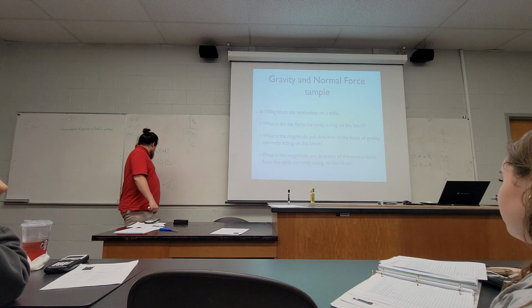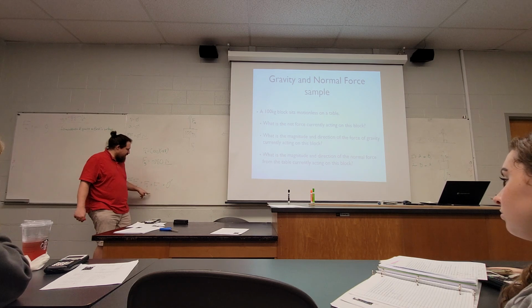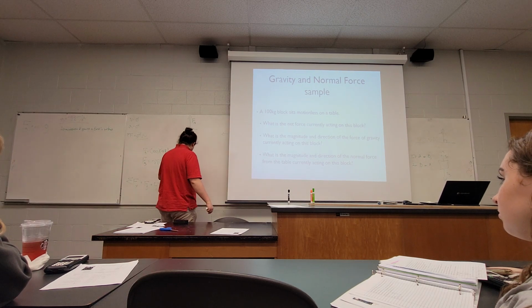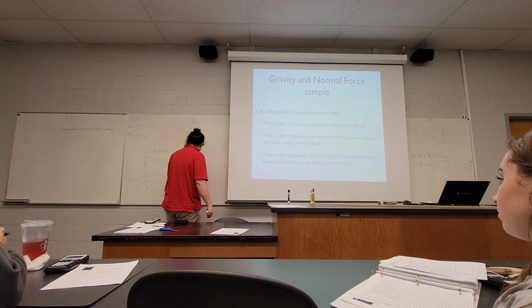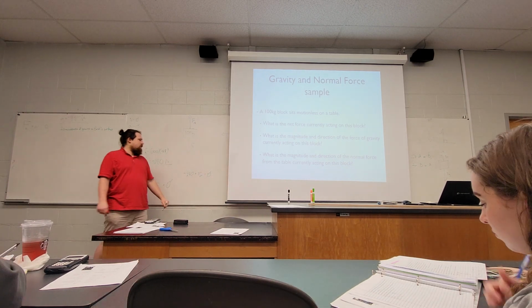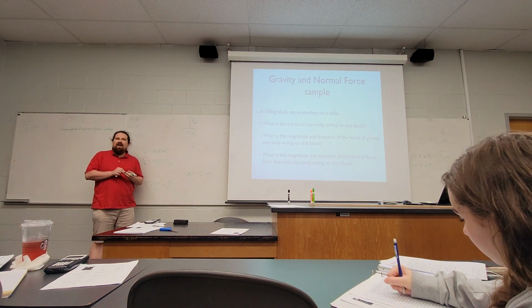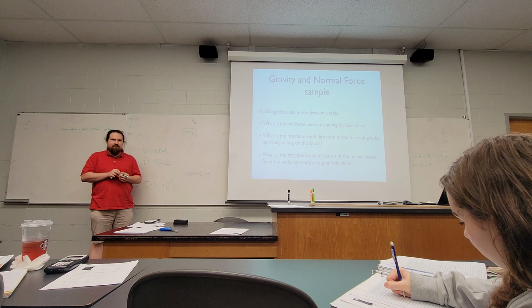Therefore, if we want normal force, we know gravity, and we know what happens when you add these two things together. So, if we plug in the weight that we already found, we can solve for that. The answer is pretty straightforward here, but it'll get more complicated when we start adding more forces in future examples.